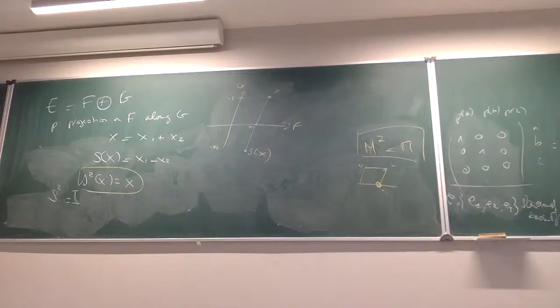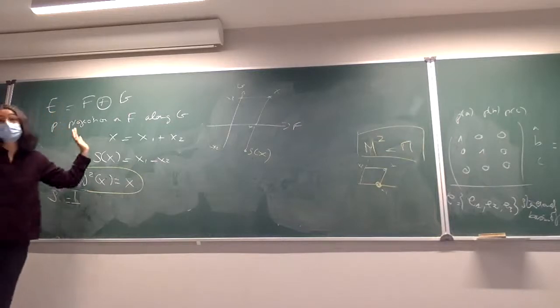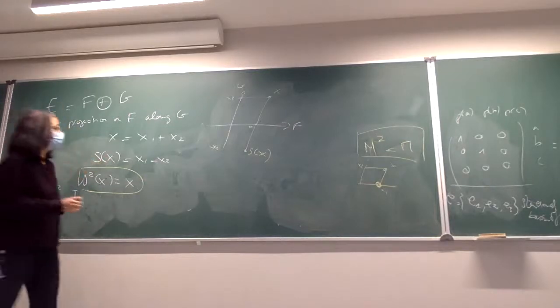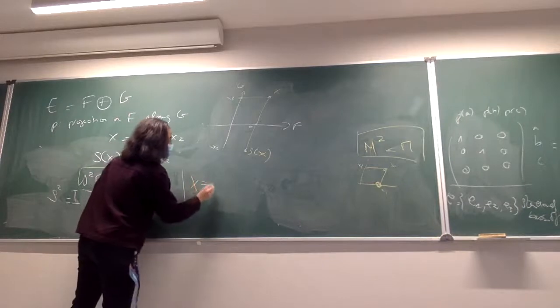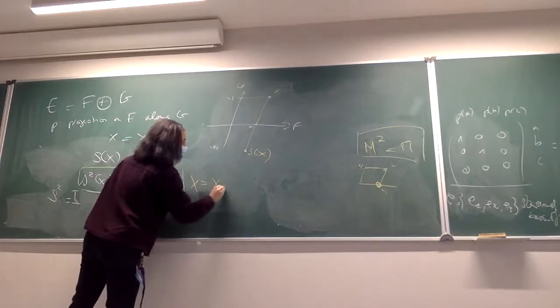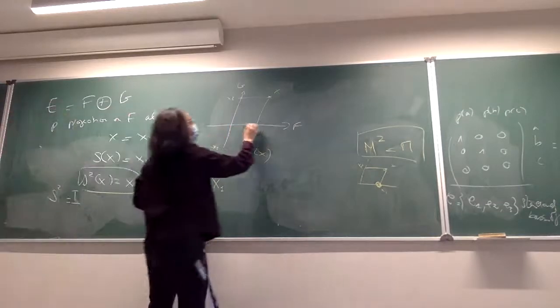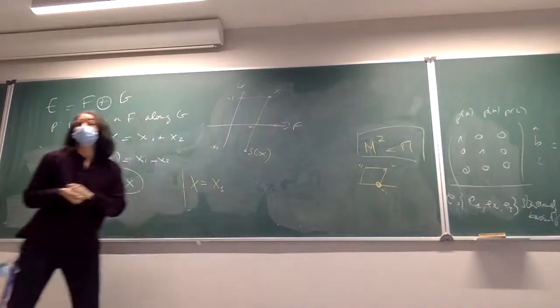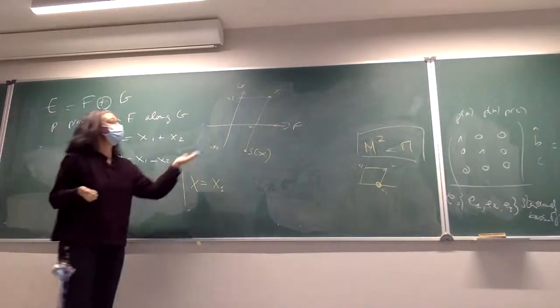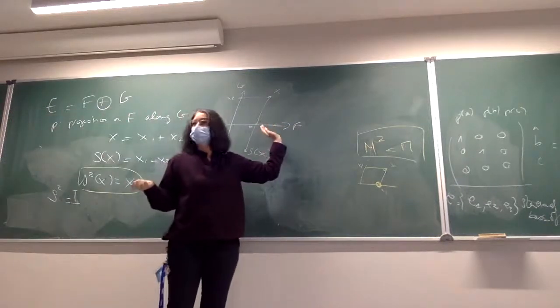So again, we've got two spaces, so when you don't really know what to do, you just use what you have. What we have is those two spaces. So let's see what's happening. If I take X that only has some X1 component, so something that belongs to that set, and I apply the symmetry, we're staying there.